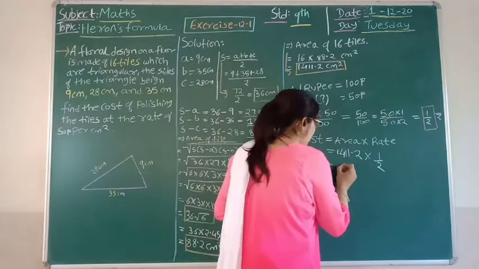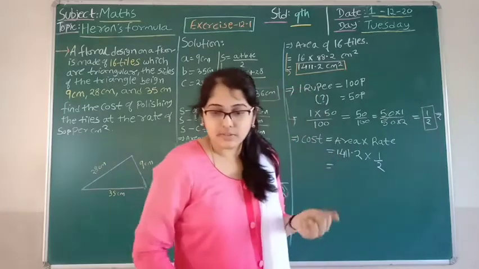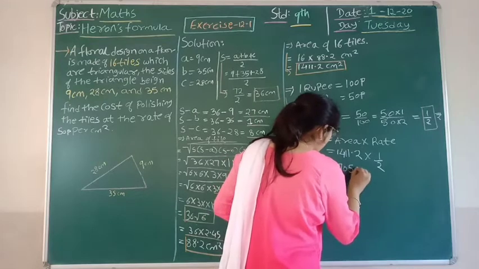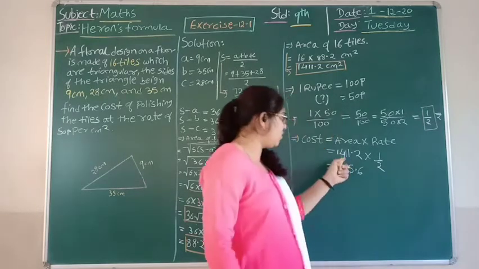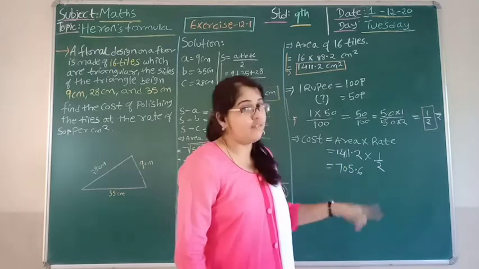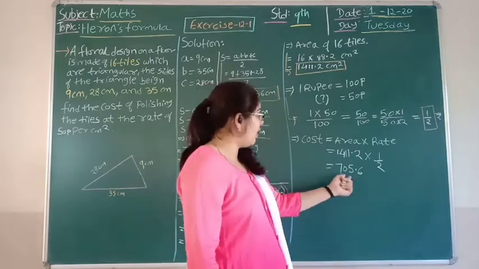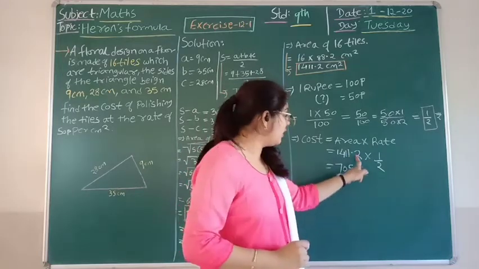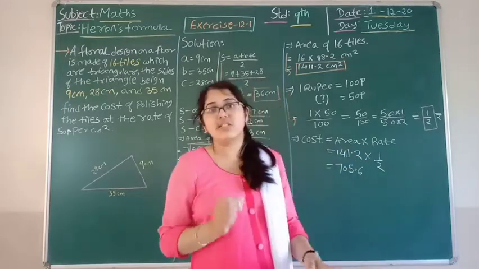The answer will be 705.6. Now dividing: 2 sevens are 14. 1 comes over here and 1 cannot be divided, so we need 0, and then 2 fives are 10. Again it remains 1. This 2 comes over here, it becomes 2 sixes are 12.